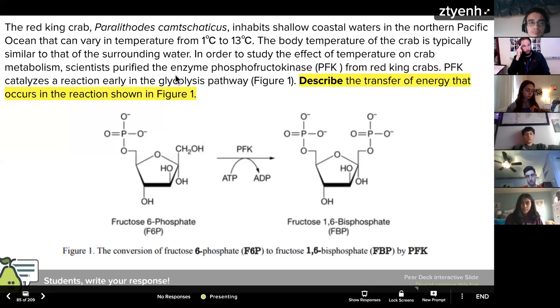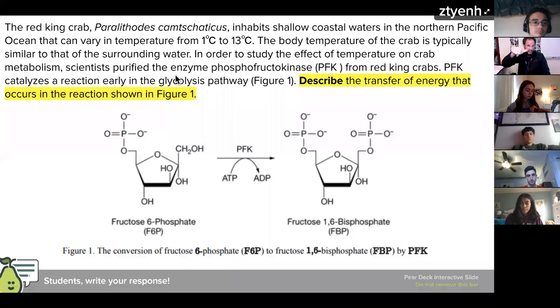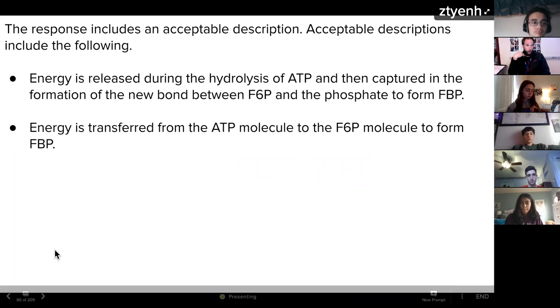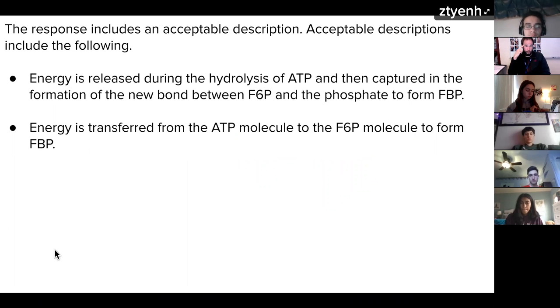So I would encourage you, if you're kind of in that area of, I'm not quite sure what's happening here, keep practicing. And I'm including the scoring guides so that you can look and see what your answer needs to include. Of course, I'm always more than willing to take a look at a draft of an answer that you've composed and give you some feedback if that also would be helpful, okay?